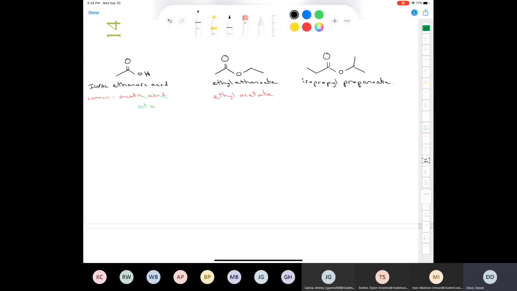If I have a 3-carbon carboxylic acid, the common name is propionic acid. So we drop ic acid and we replace it with ate. And so this compound's common name would be isopropyl propionate.